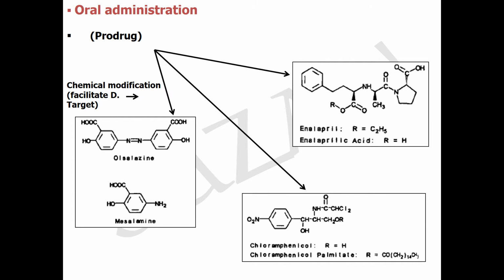So they converted mesalamine to a prodrug by making a dimer of mesalamine through an azo linkage. So I have olsalazine, which is considered a prodrug, and this dimeric form can pass through significant portion of the intestinal tract before being cleaved. It reaches the colon before being cleaved to 2 equivalents of mesalamine by intestinal bacterial enzymes.